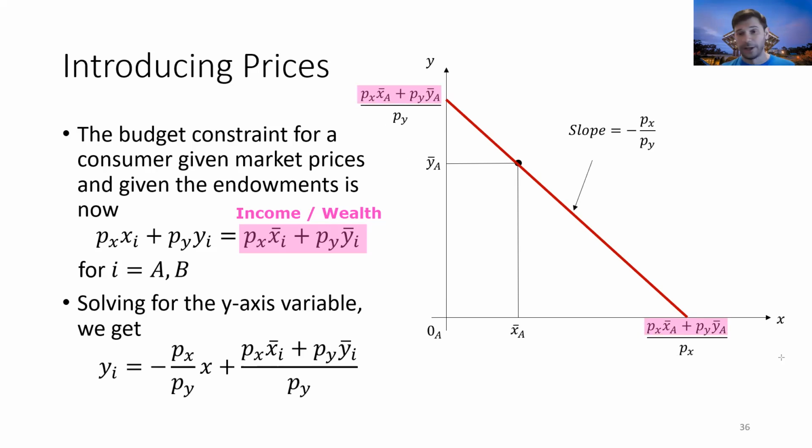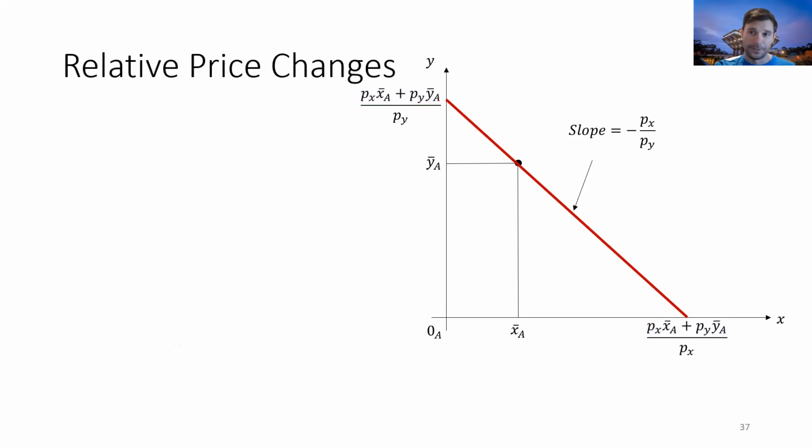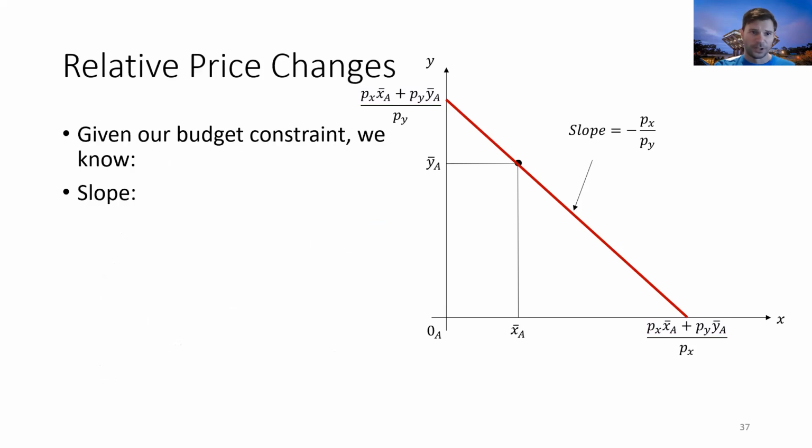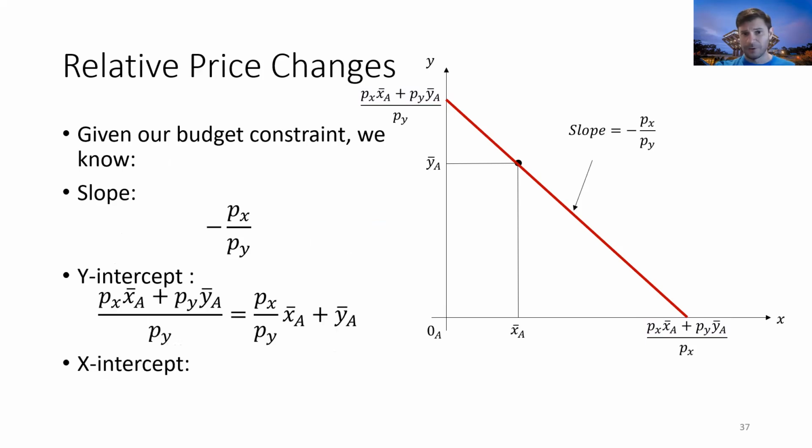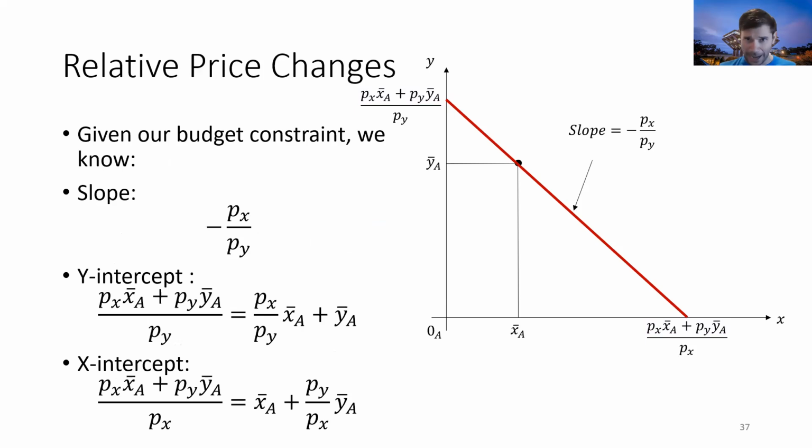And in the bottom right, we had income divided by the price of good x. And what we want to start thinking about here are the comparative statics of a price change in this environment. Given our budget constraint, we know the slope, we know our y-axis intercept, and we have our x-axis intercept here, which really characterizes the important elements of the comparative static analysis in the budget constraint.